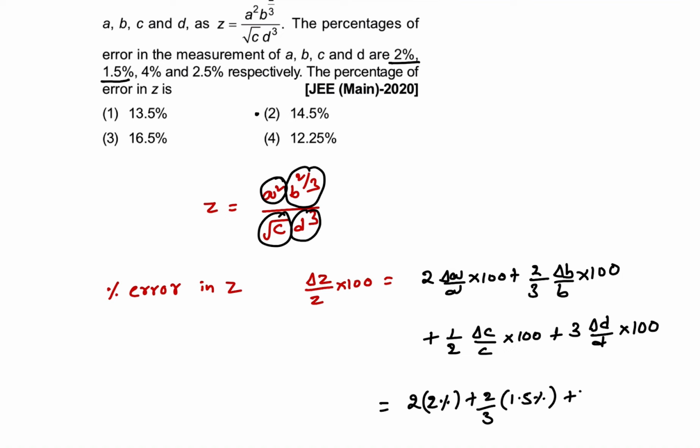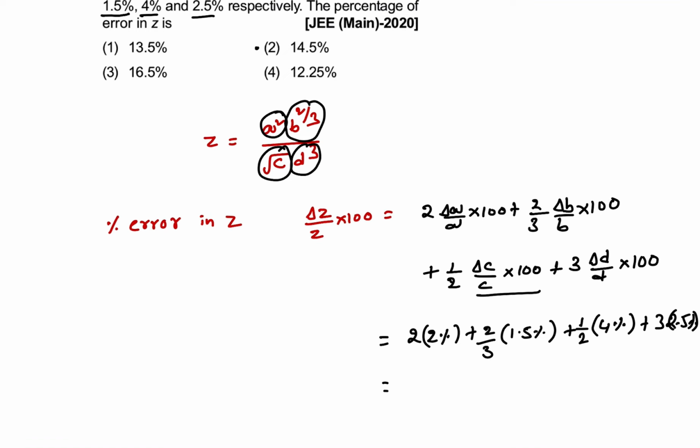Plus, the next one is 1 by 2 times delta C by C into 100, which is 4%. Plus 3 into delta D by D into 100, which is 2.5%.